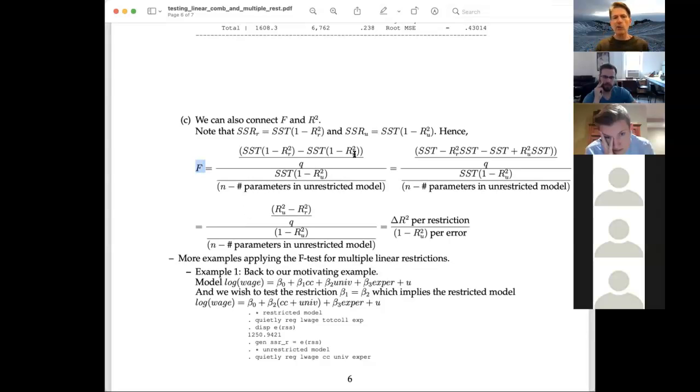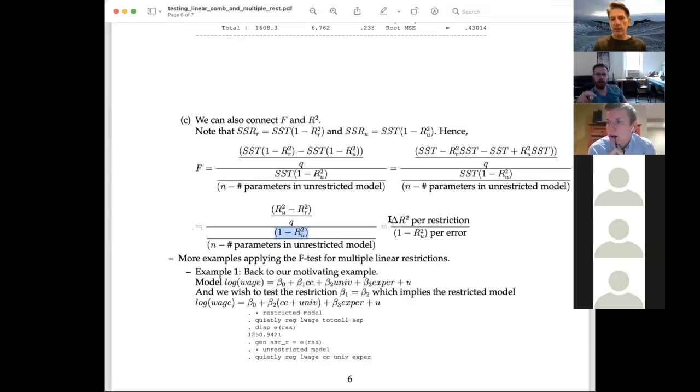I go through the little algebra, because R squared is defined based upon sum of squares total, sum of squared residuals, sum of squares explained, etc. So you can also define that F statistic as the difference in R squared divided by the number of restrictions over 1 minus R squared U divided by the number of parameters in the unrestricted model.